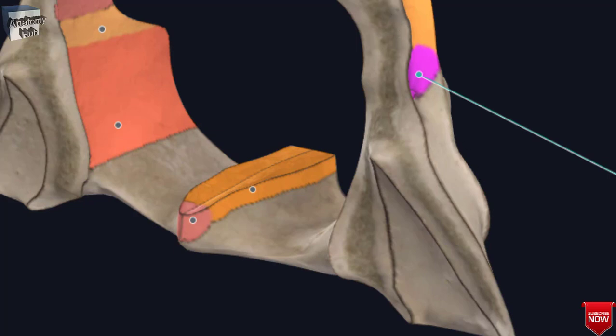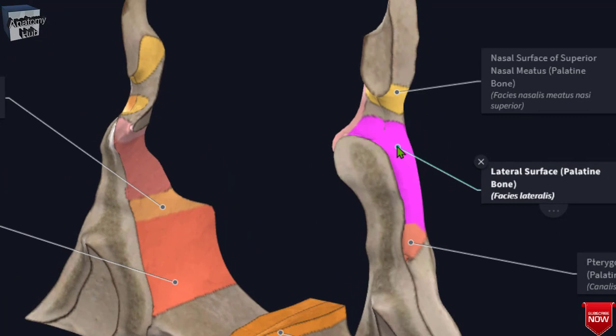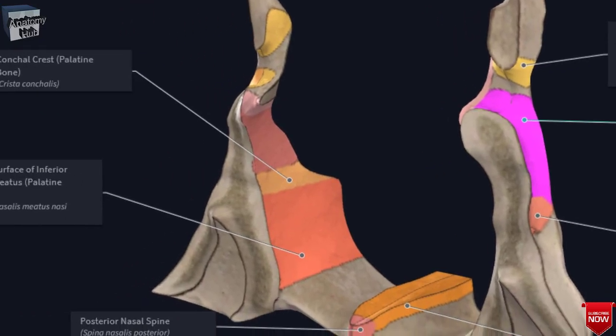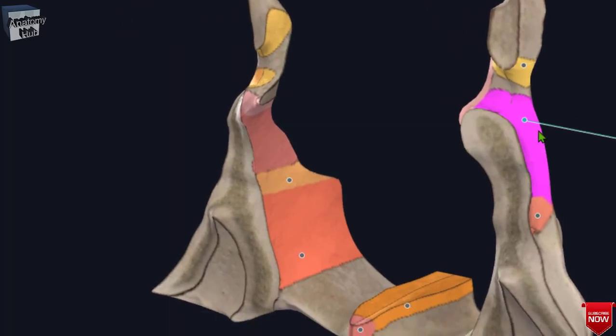Like that, here you will find the lateral surface of the palatine bone, and here it is related mainly to the infratemporal fossa. Okay.